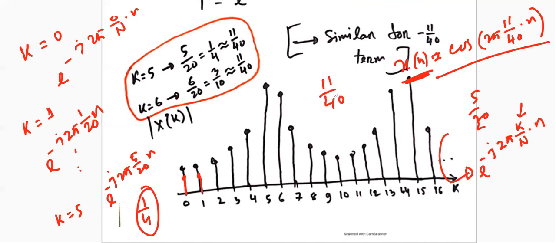If you go for the fractional calculation, if I open the calculator and find the value of 11 divided by 40, it gives 0.275, and 1 divided by 4 gives 0.25.